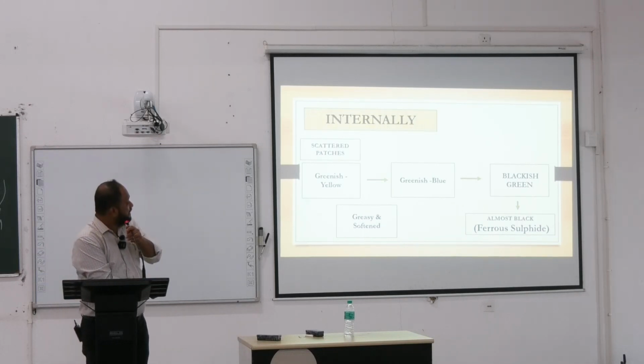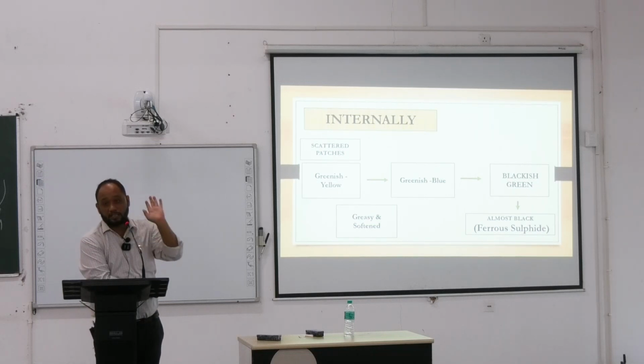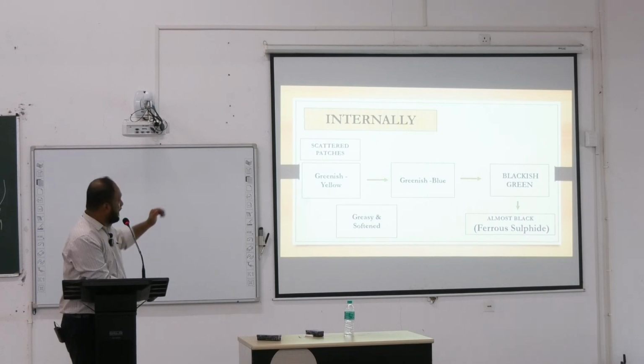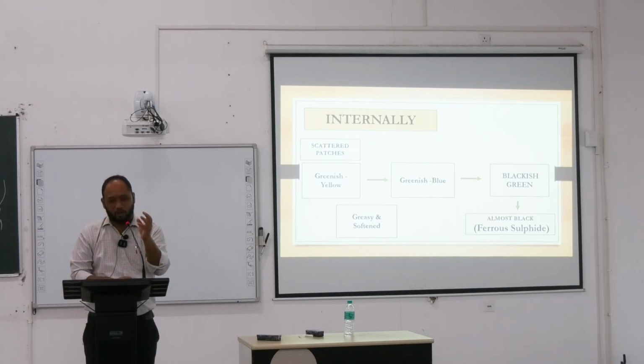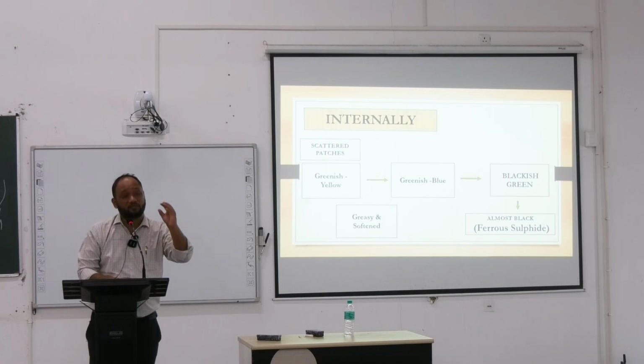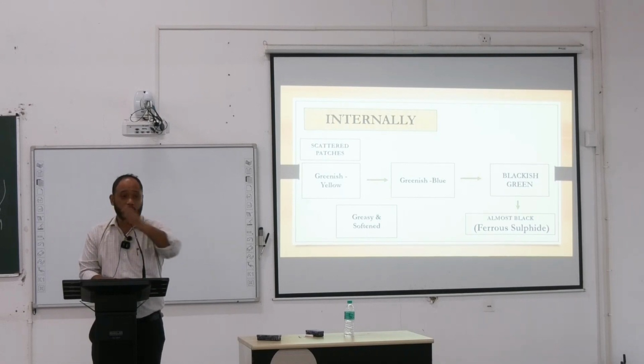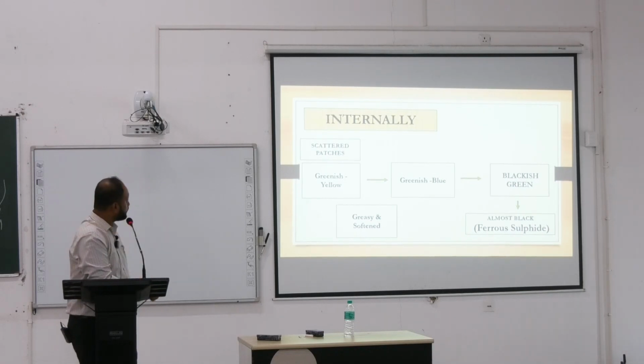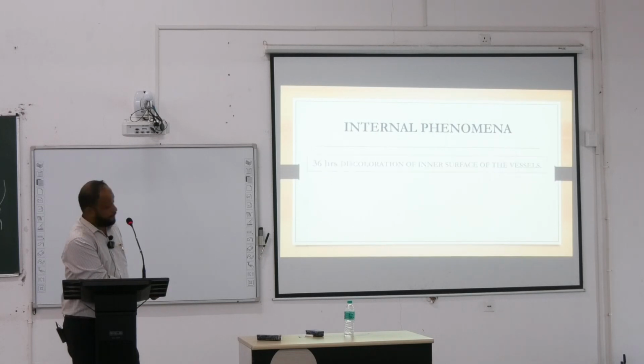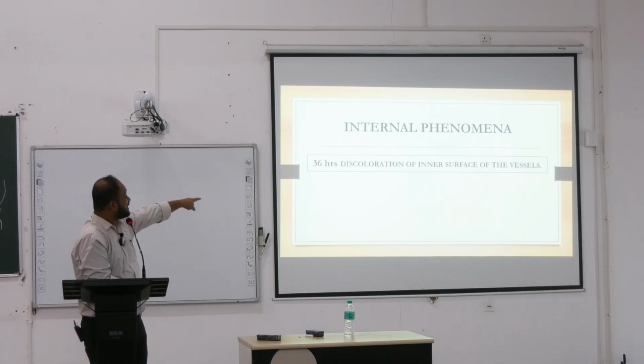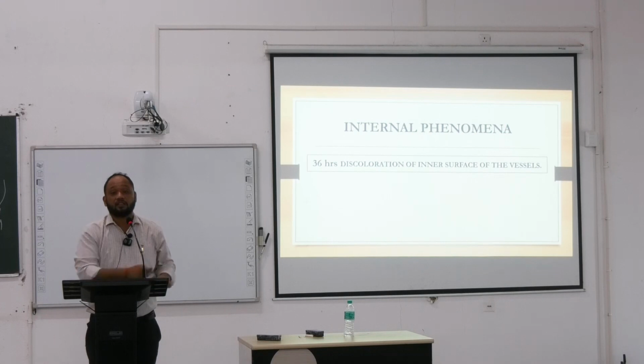Okay, then black, greenish black, almost black, the body will turn black. Slowly the organs will be greasy and softened at first, and then of course they will turn black and small. Now internal phenomenon: at 36 hours, discoloration of the inner surface of vessels.